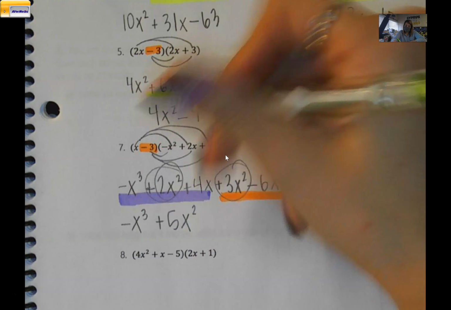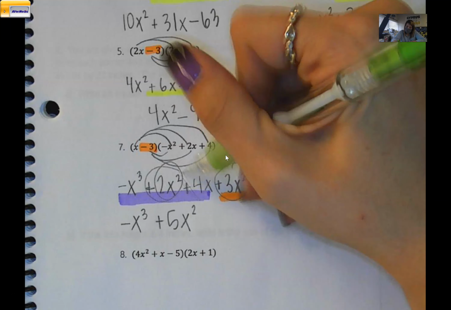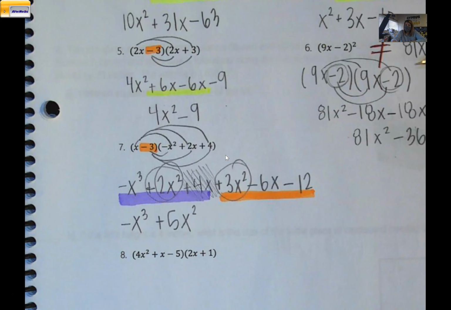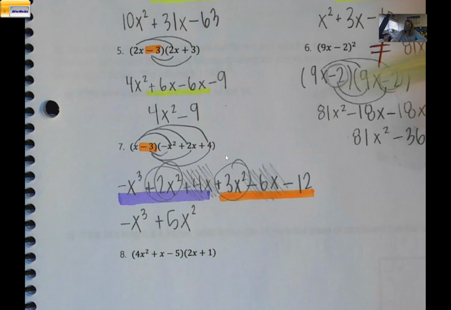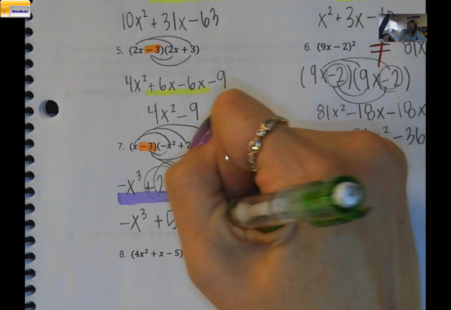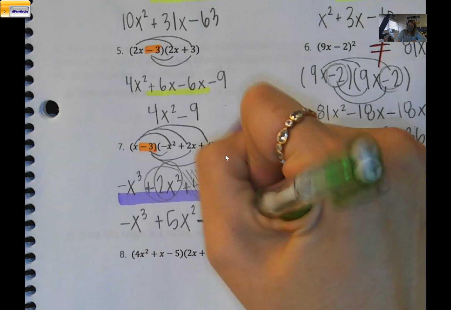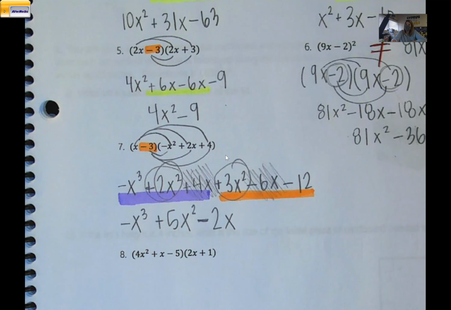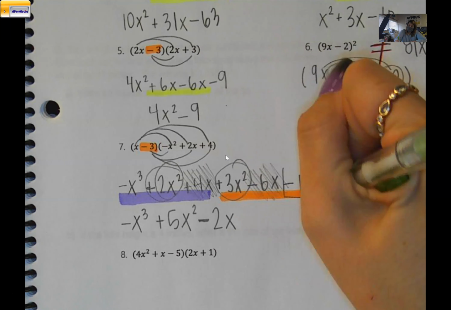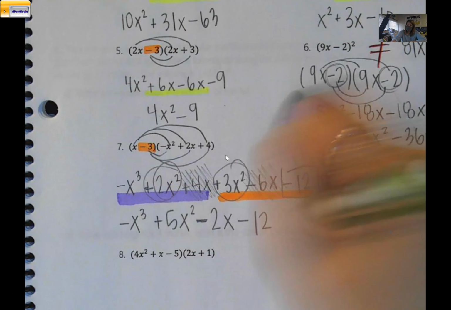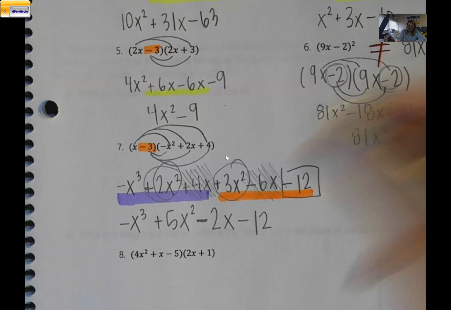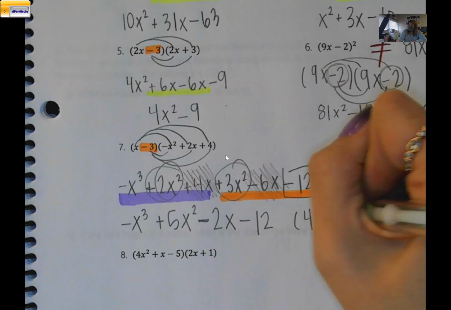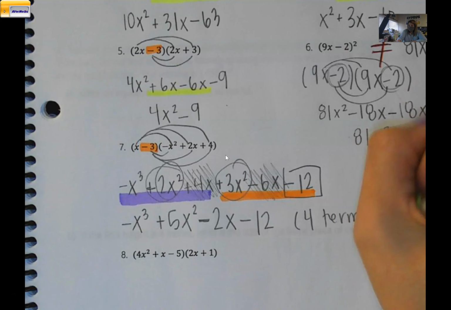Then next up, we have a 4x that we can combine with a negative 6x. That's going to go to negative 2x. And then last, we just have this negative 12 here hanging out on his own, so we bring him down. So the final answer on this guy is 4 terms.